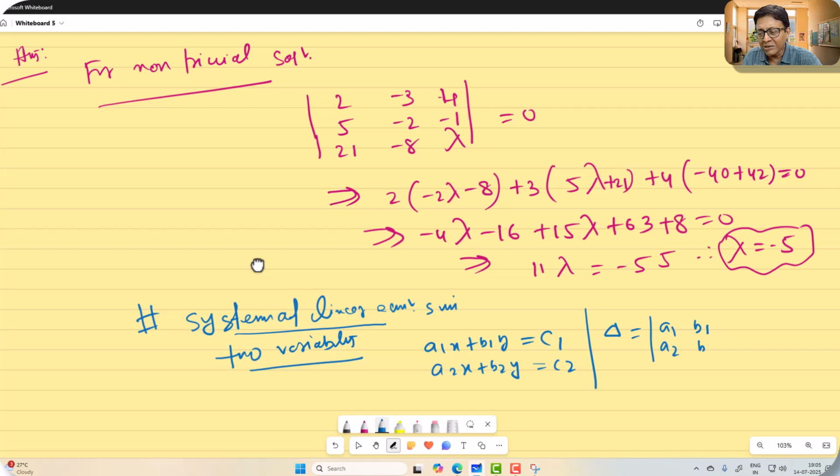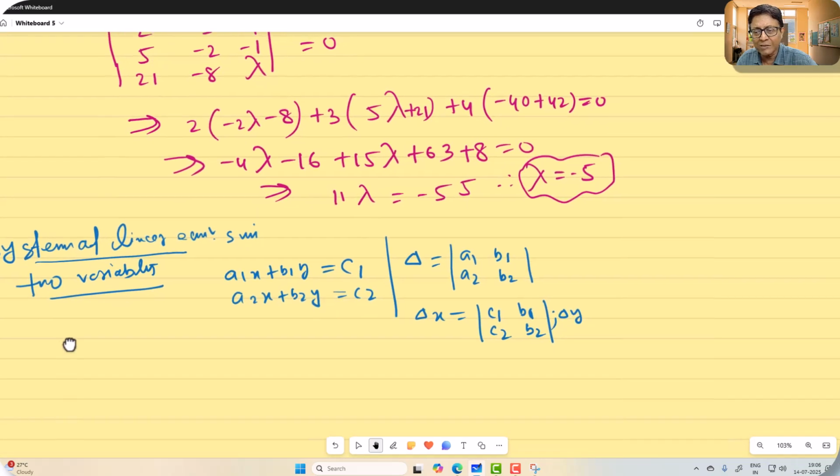Because once you understand with 3, you can easily understand with 2. This is C1, C2, B1, B2, and delta y will be what? For delta y you replace B1, B2 by C1, C2. Okay?